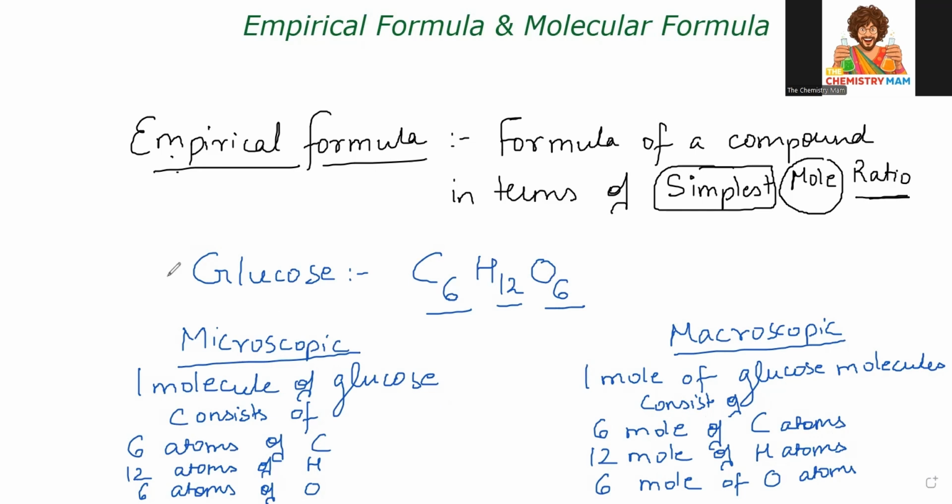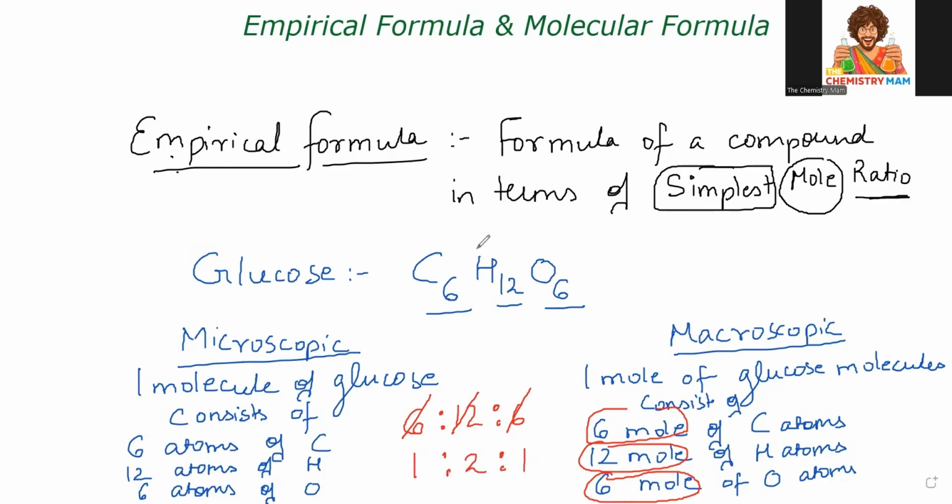So as per the definition, what is my mole ratio coming out to be? It is coming out to be 6 is to 12 is to 6. This is my mole ratio. 6 is to 12 is to 6. And if I try to simplify it, so I divide everything by 6 and I get 1 is to 2 is to 1.